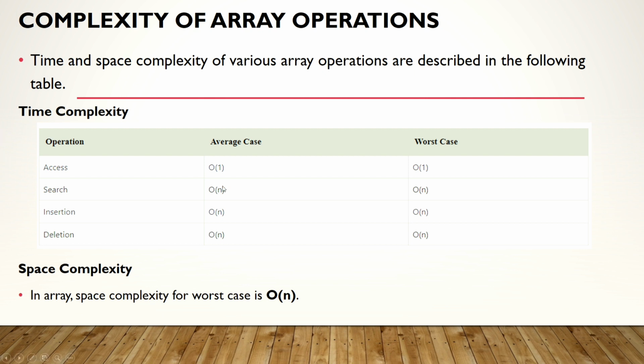This is the time complexity, and coming to the space complexity, we can say that space complexity for worst case is O(n).